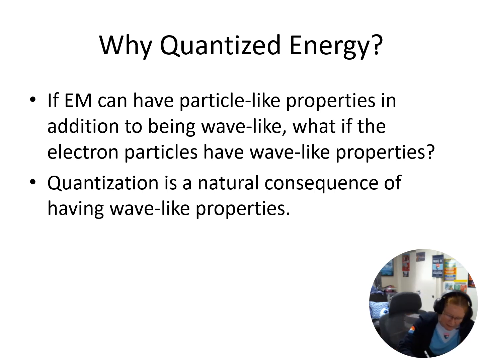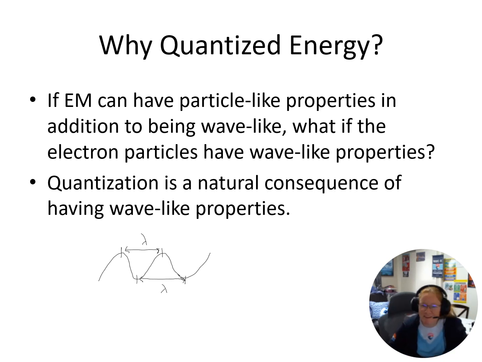Because if you think of a wave, and if we think of a wavelength, it's the distance from peak to peak, or we could also measure it trough to trough, right? I can't stop in the middle there, right? I can only go through my wavelength. And so we get this quantization because of that.